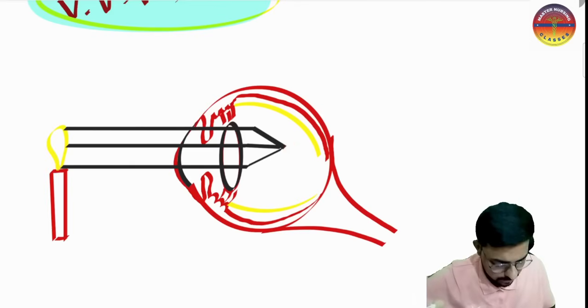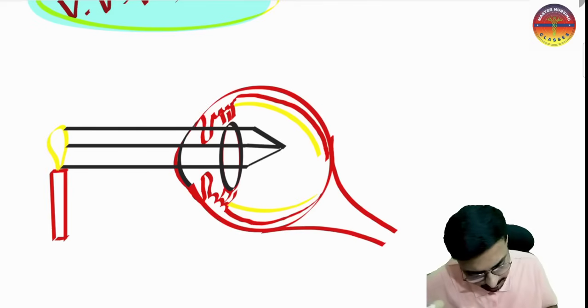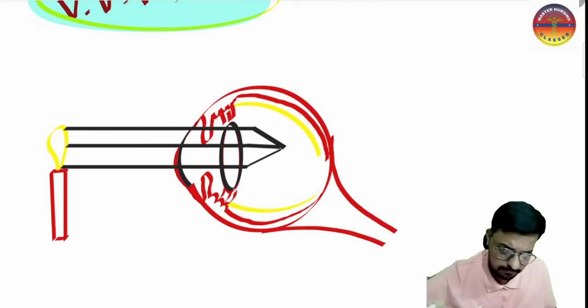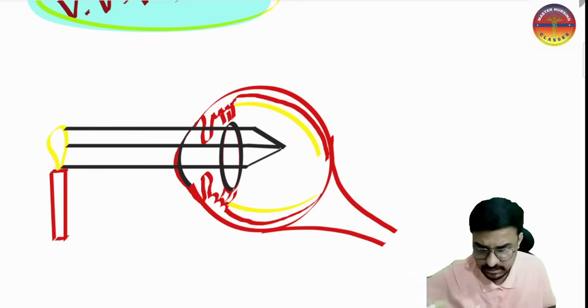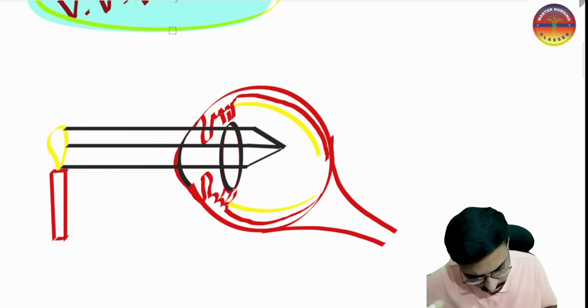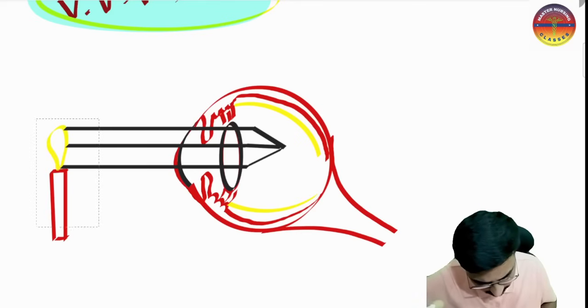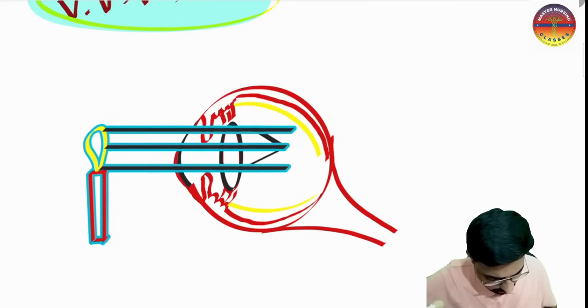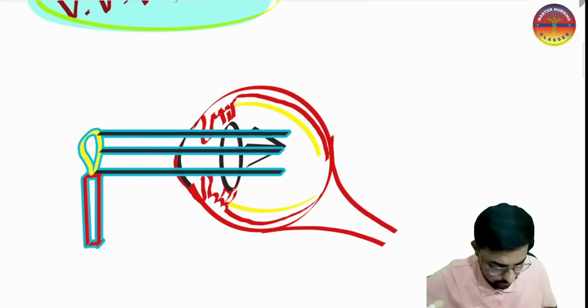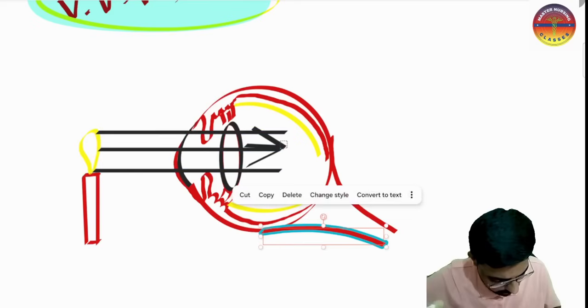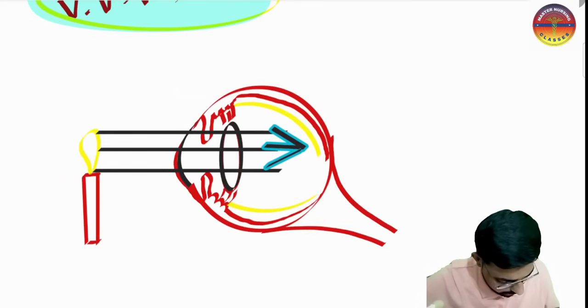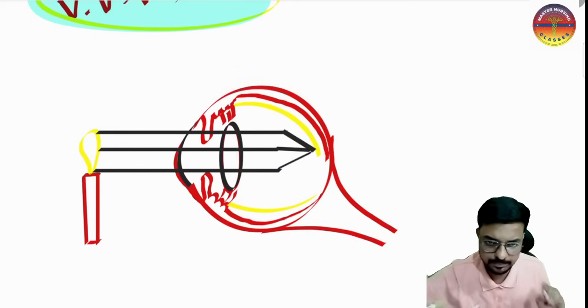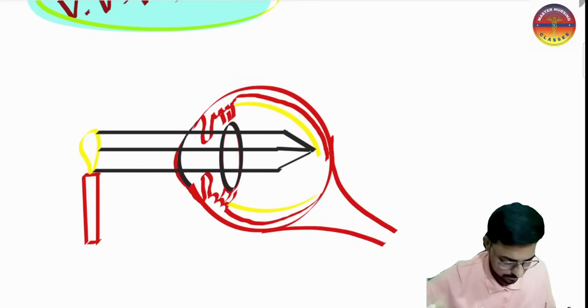At that time the person is unable to see an object from far away, and to see it he has to hold the object near. When he holds it very near to the body, the light rays will bend exactly on the retina.